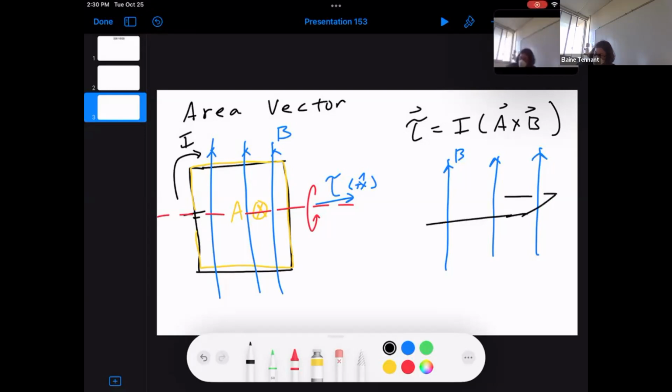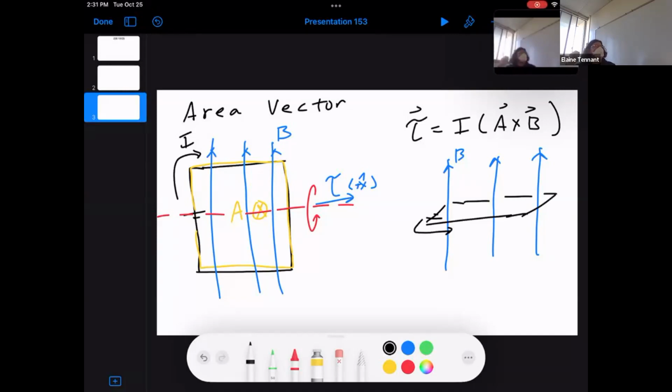So now it's laying flat like that. Does that make sense? Where the current is going around like that. Everyone okay? Okay.